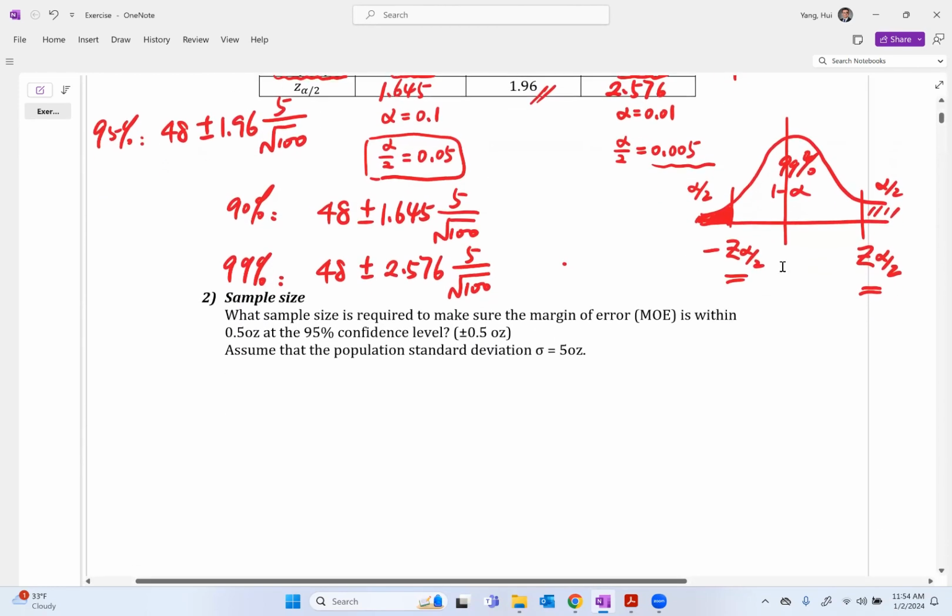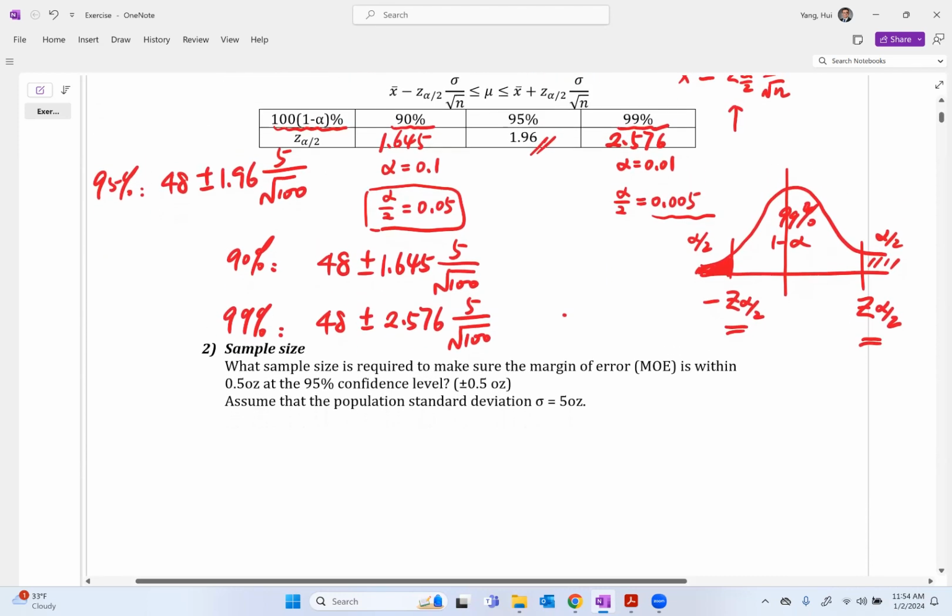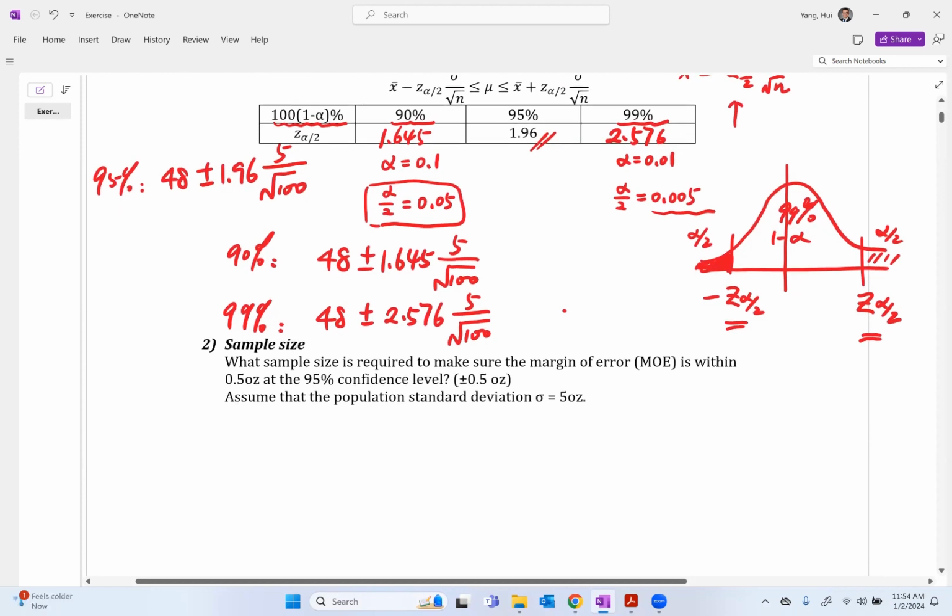Now, what sample size is required to make sure the margin of error is within 0.5 ounce at the 95% confidence level? First, what is the margin of error? Margin of error is z alpha over 2 times sigma over square root of n.